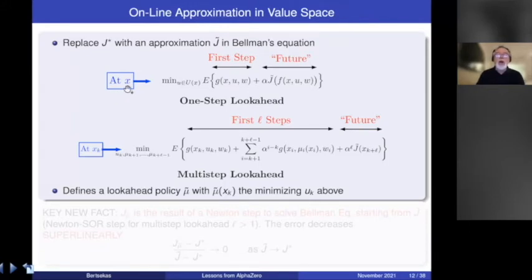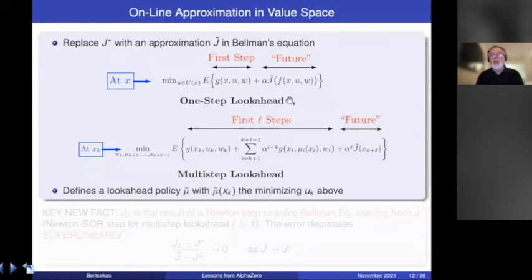And when we arrive at a state x, we perform this minimization, which balances the cost of the first stage plus the future cost as evaluated using this J tilde and also appropriately discounted. This minimization is over all the possible controls at the given state and provides a control to use. So we apply this control and then we go to the next stage. At the next state, we do this type of minimization again, and we proceed going forward.